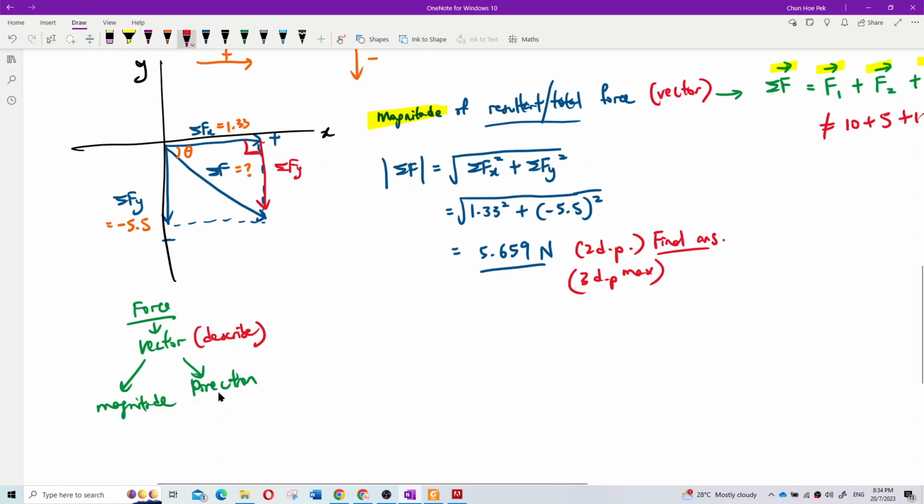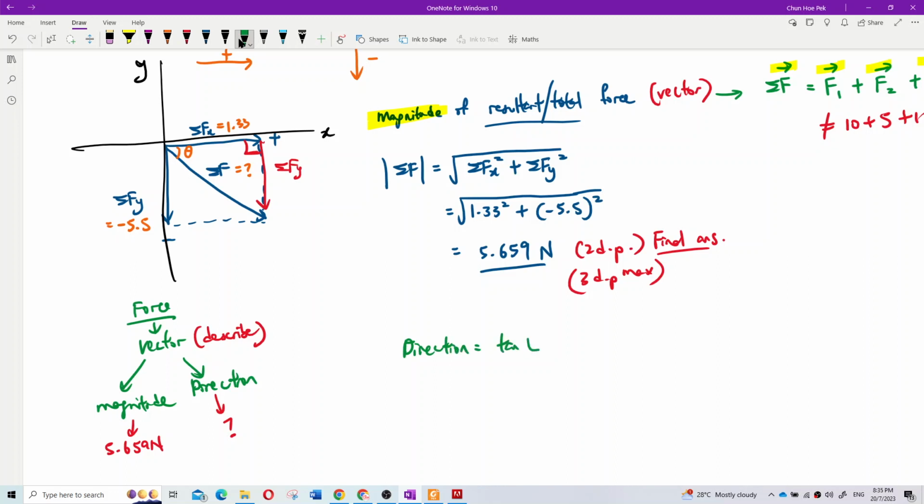We already got the magnitude, which is 5.659 Newton, but we don't know the direction yet. We must give the direction. To get the direction, we use tangent theta.